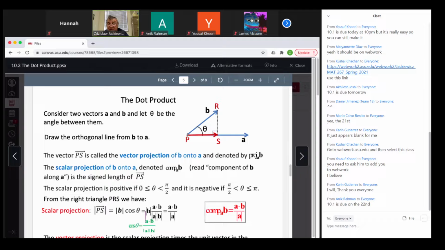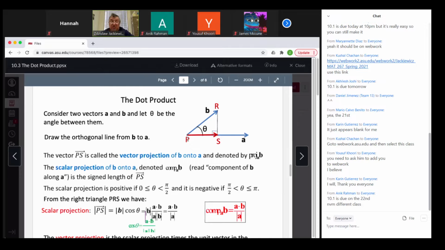You can assume that the point P is at the origin of the coordinate system, so P may have coordinates 0, 0 if you want, that's usually what we do.